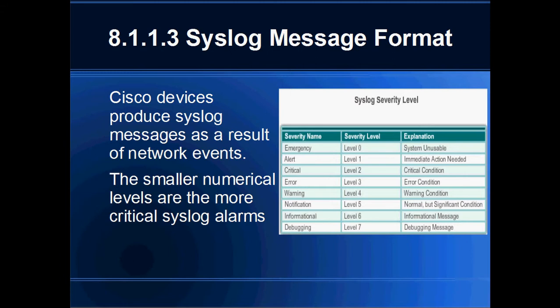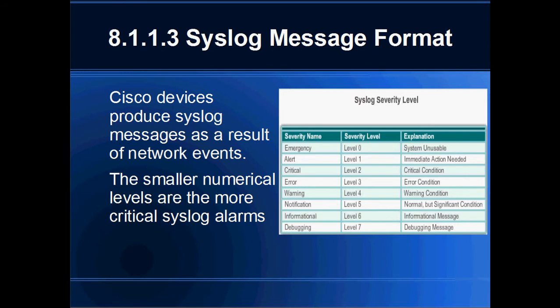You can see the complete table on your left, and each level has its own meaning. The warning level and the emergency level indicate that an error in the software or hardware has caused some malfunction in the device. The severity is determined by the numerical value of the level.